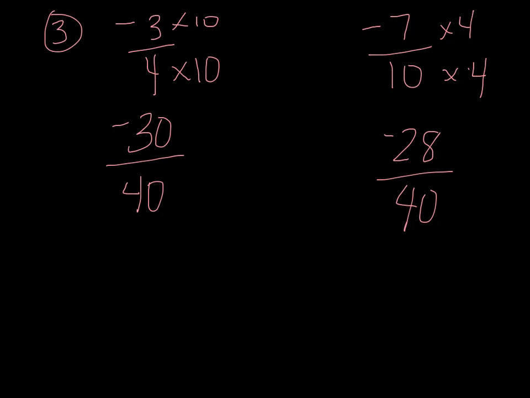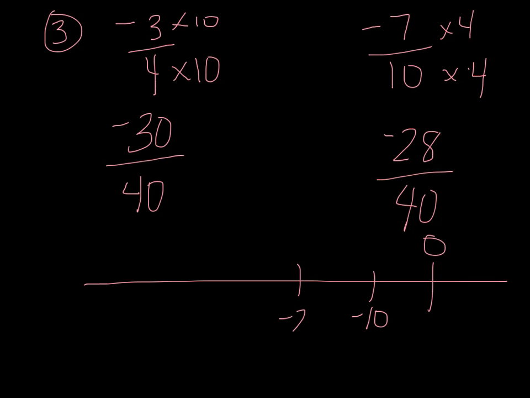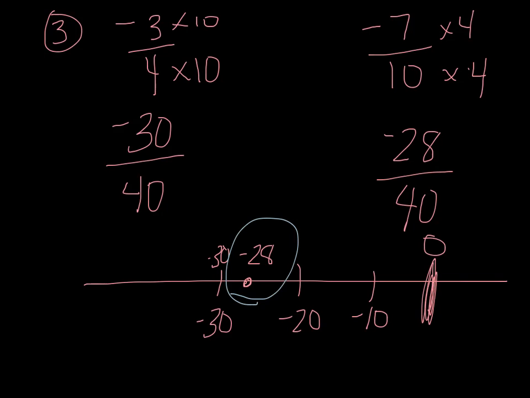Now I have to figure out, thinking on a number line, here's my 0, and I'm counting down -10, -20, -30, which one would be bigger? Would -28 be bigger, or would -30 be bigger? Remember, the bigger number when we're talking negatives is the one that's closest to 0. So in this case, -28 is closer to 0.